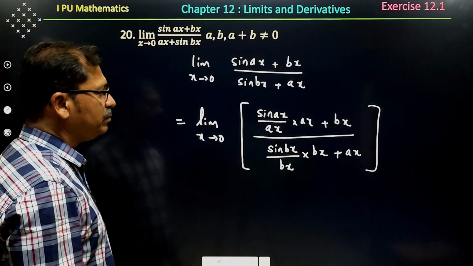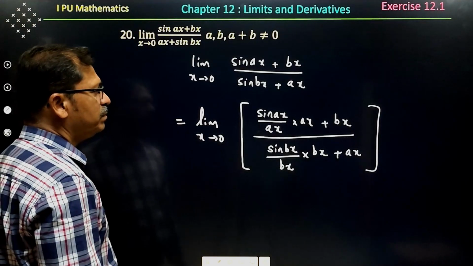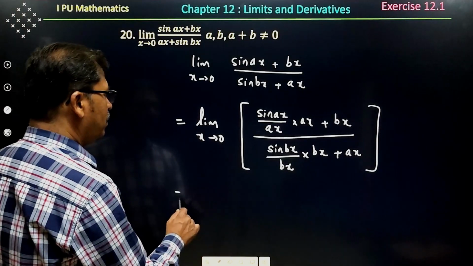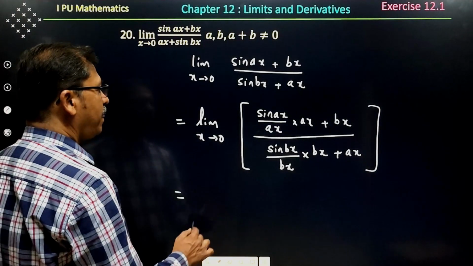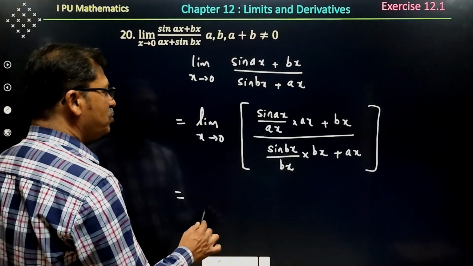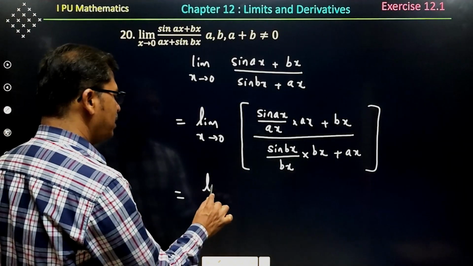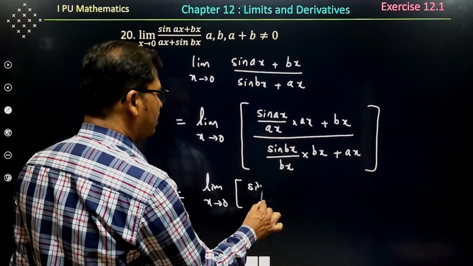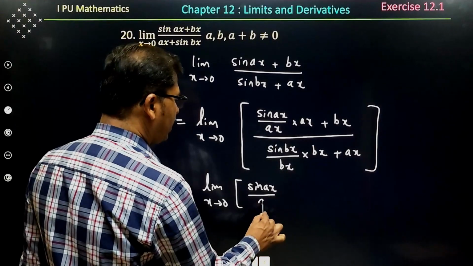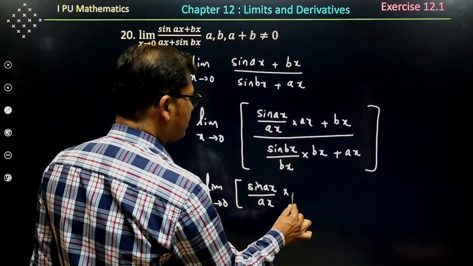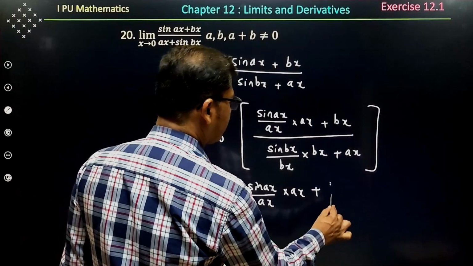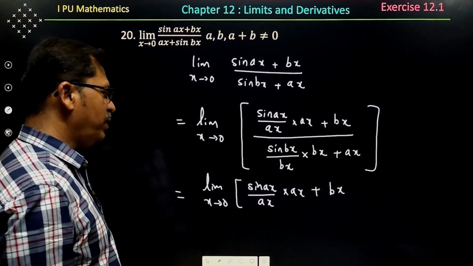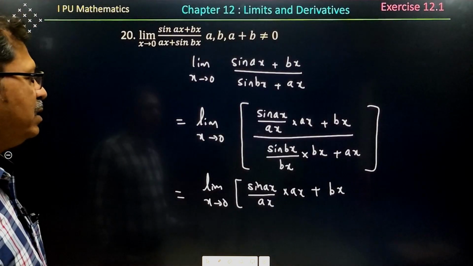Now this is equal to limit x tends to 0, numerator, you see here, sin ax divided by ax into ax plus bx. In this case, what can we take common? X we can take common.